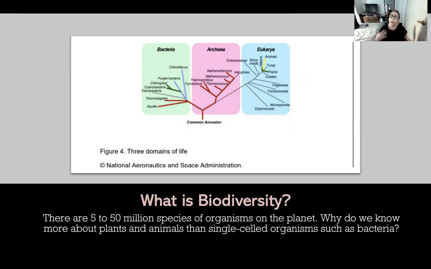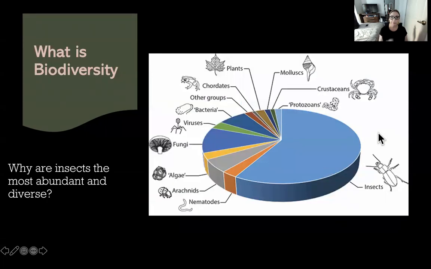And also, it's easier to get funding from the government or to get donations to study, say, elephants than it is to study some obscure little single-celled organism that lives in the soil. So that's also why we have a lot more information on plants and animals.